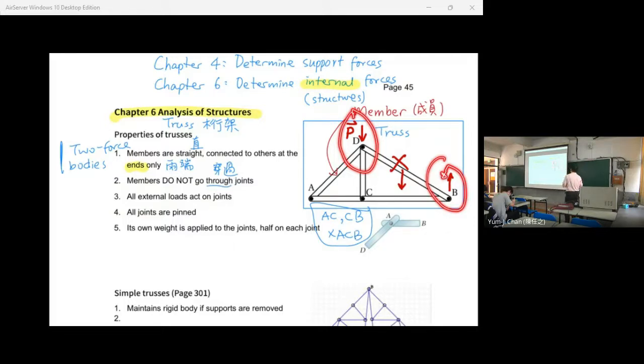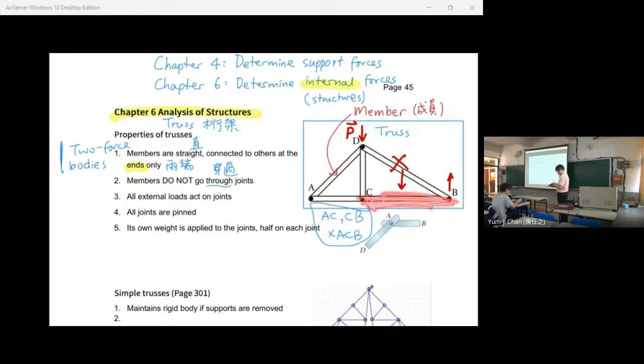So, for example, if this rod has a weight of like 100 Newton, 10 kilogram, how do we put that force in the diagram, in the truss?